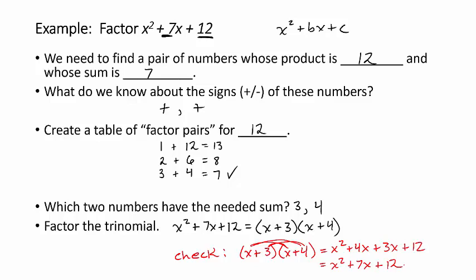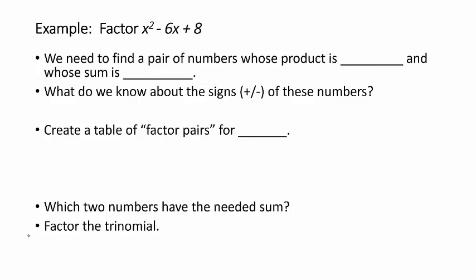Let's do another example, but where the signs of b and c are different. In this example, we're trying to factor x squared minus 6x plus 8. We need to find a pair of numbers whose product is 8 and whose sum is negative 6. What do we know about the signs, positive or negative, of those numbers?